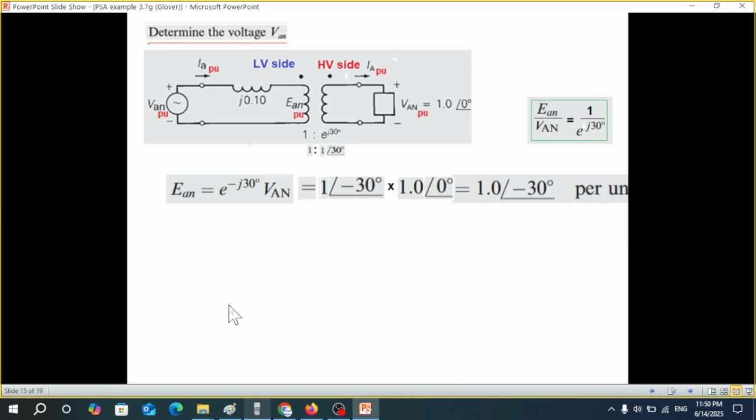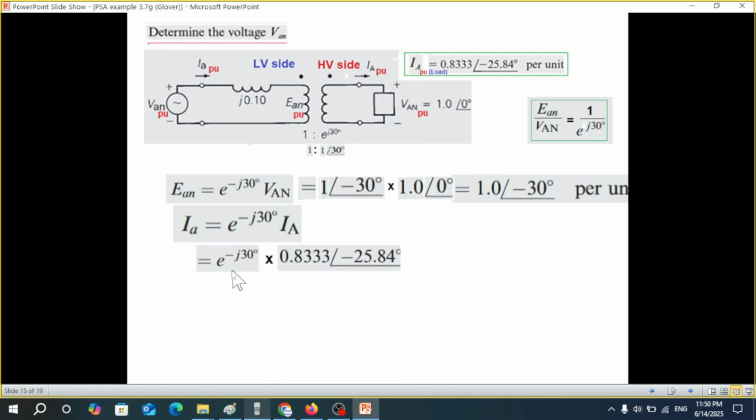Now we need to find IA. IA, same formula, same phase shift with the current IA here on the secondary side. This current we had already found, so we use that. The angle shift and minus this current. And now this minus 30, we can bring it here and add to the angle.